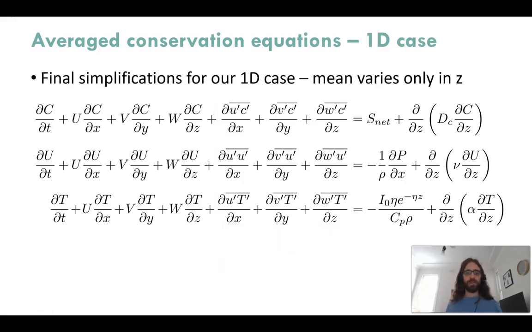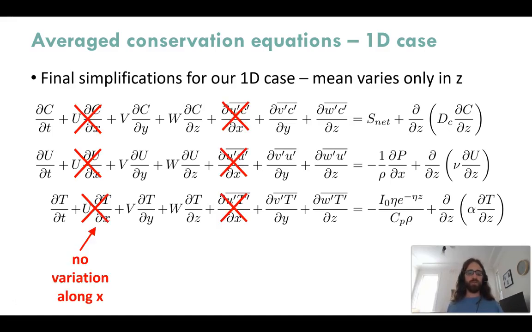The final step that we're going to take is to consider only our one-dimensional case where mean quantities are varying only in the z direction. So the turbulent fluctuations instantaneously can vary in x, y, and z, but after you apply time averaging, the time averaged properties cannot vary in x or y in the one-dimensional case.